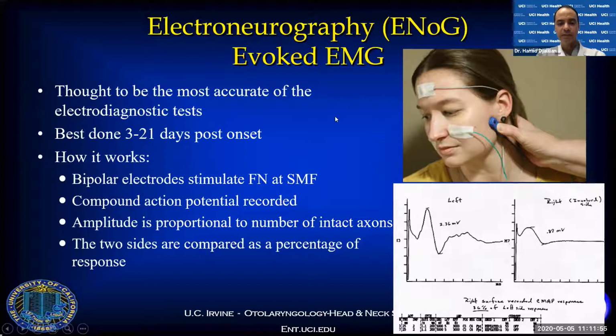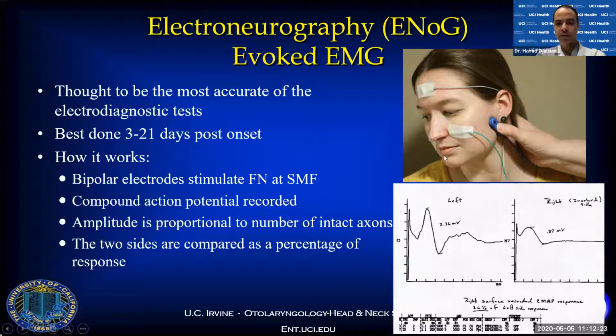It is best done in a span of time between 3 days post-onset of paralysis and 21 days post-onset. You don't want to do it in the first 3 days, obviously, because there has not been Wallerian degeneration, so the distal aspect can be stimulable. And then after 21 days, it hasn't been shown to have as significant a role in prognostication.